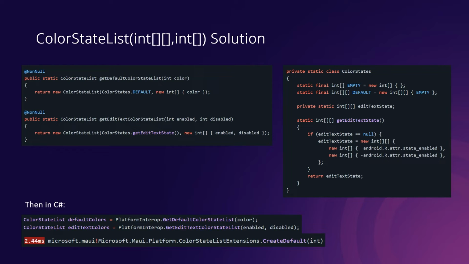And then in C#, the APIs are not that tough to use. We just basically call a static method to get the color states that we need. So this was a good change, completely invisible to MAUI developers, but maybe you'll notice your app starts a little better. This is something we did for edit text, button, radio button, maybe a couple other controls like that.